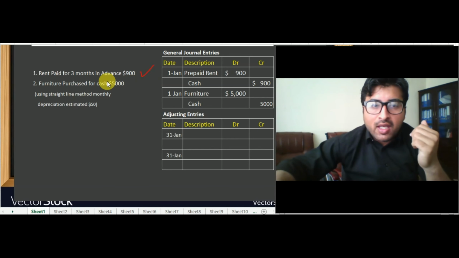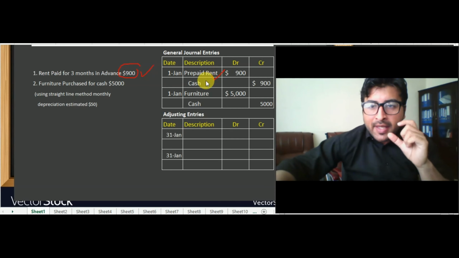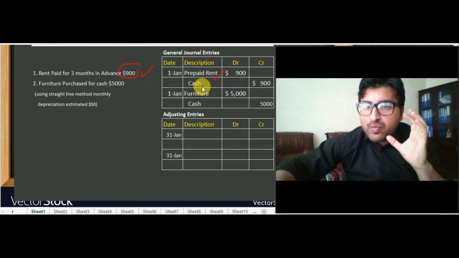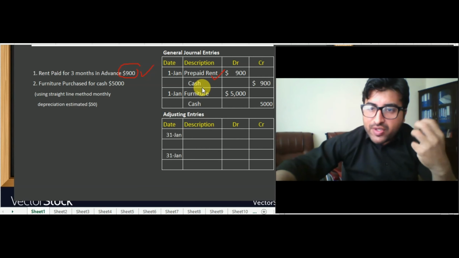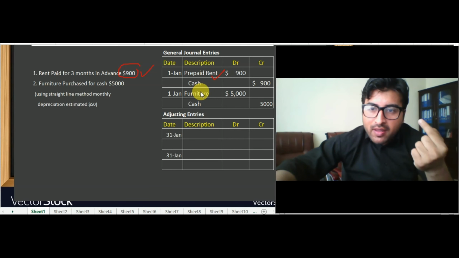Yes. Why? Because you have paid the rent in advance for 3 months, so you debited prepaid rent. Now, after 1 month, it means you have used the prepaid rent, so you have received the benefit. If the $900 is for 3 months, then the 1 month cost of the rent is how much? That is $300.